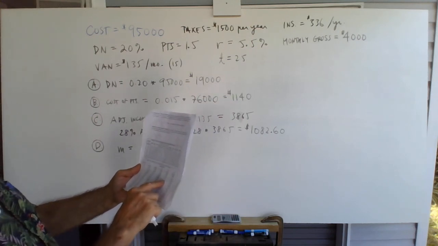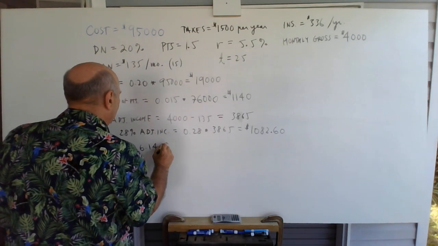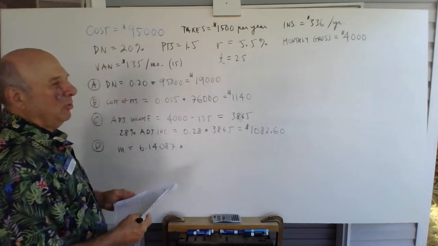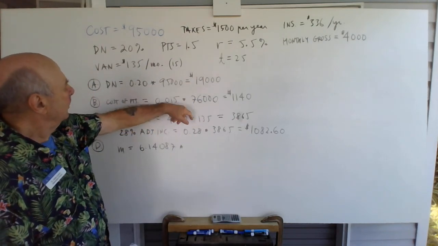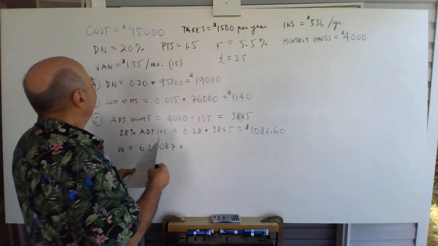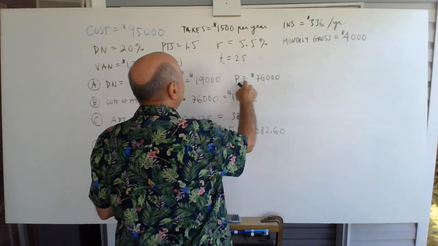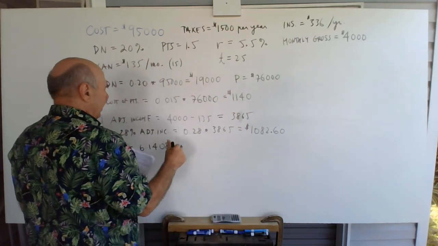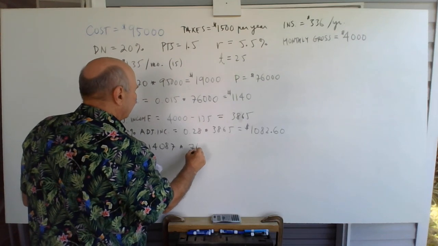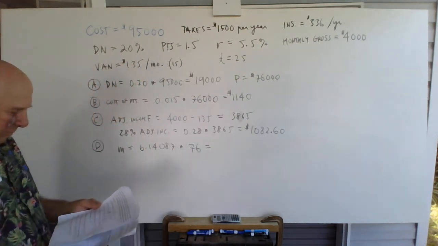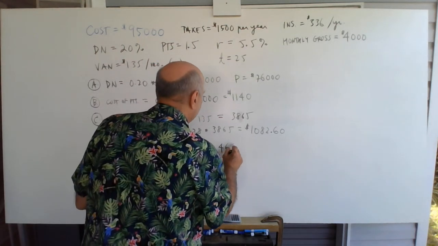The number 6.14087 times the number of thousands. There's the principal, 76,000, right? The principal and the down have to add up to the cost. So times 76. So her monthly P&I is $466.71.